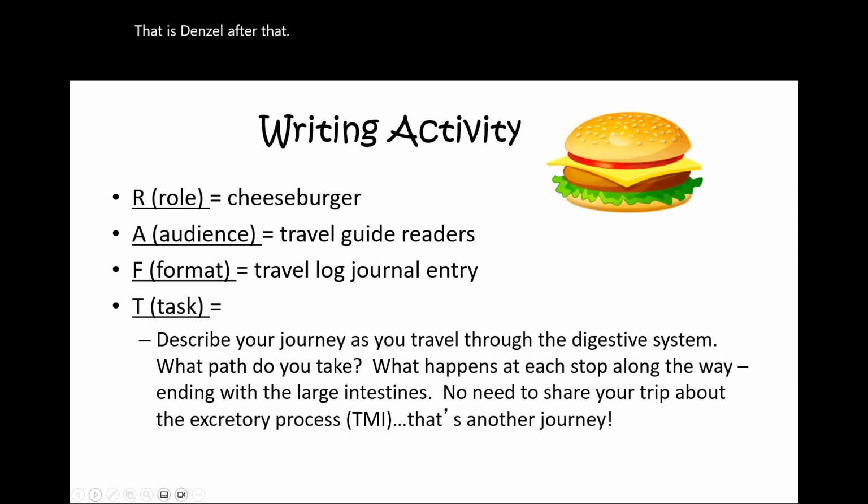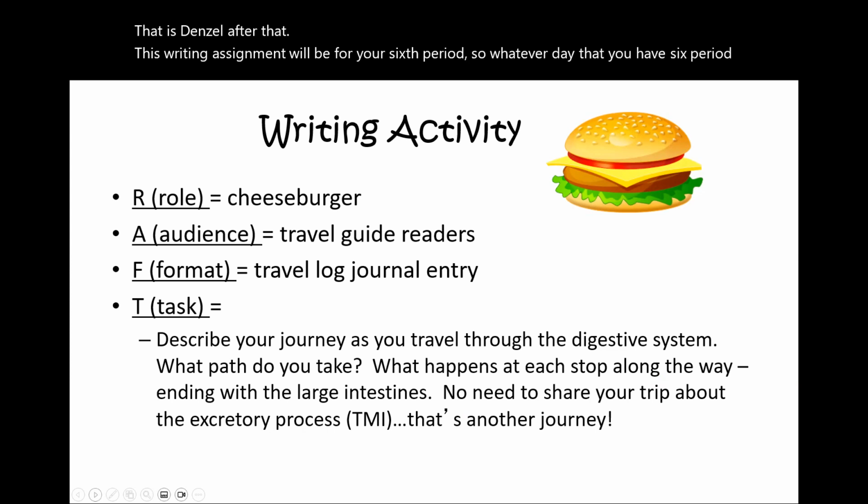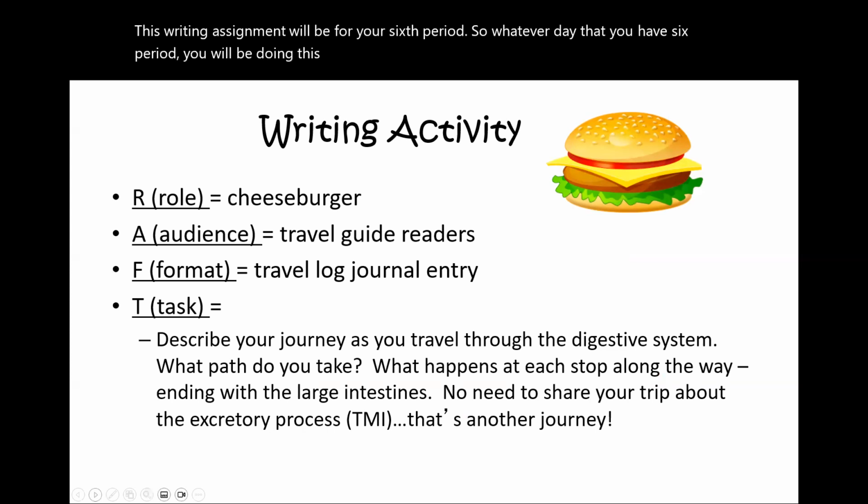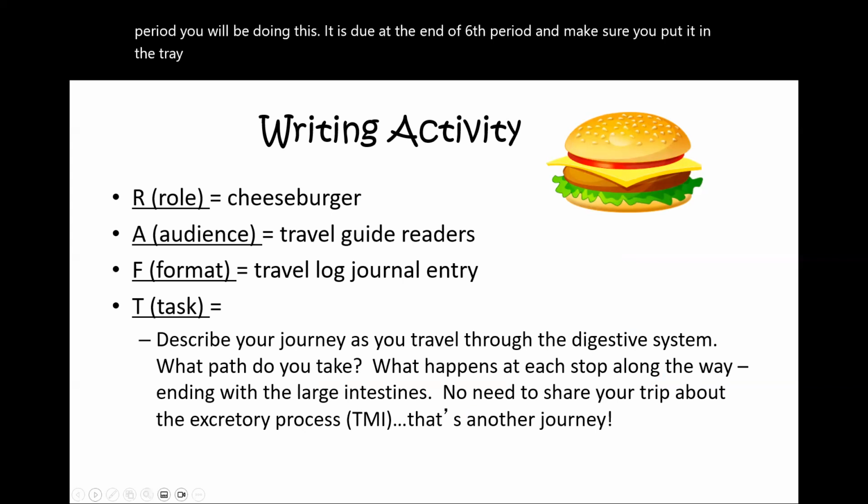This writing assignment will be for your sixth period. So whatever day that you have sixth period, you will be doing this. It is due at the end of sixth period, and make sure you put it in the tray that you have for your normal science.